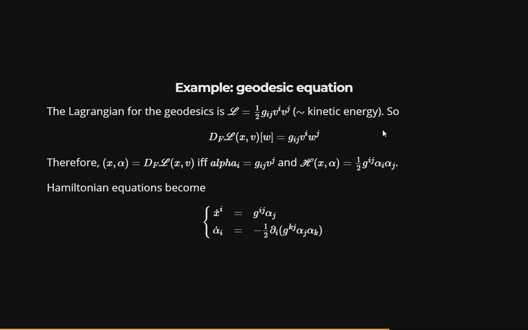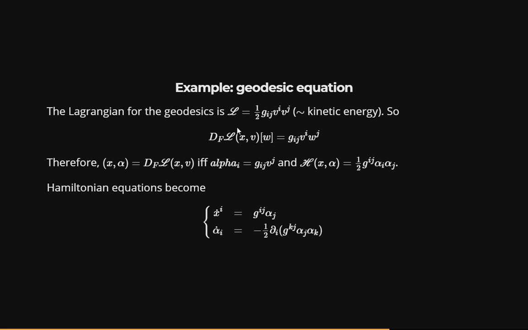Now, the time derivative of the space variable is the momentum derivative of the Hamiltonian. If you differentiate this Hamiltonian in alpha_i, or alpha_j, whatever you want, it is the same, it's symmetric.